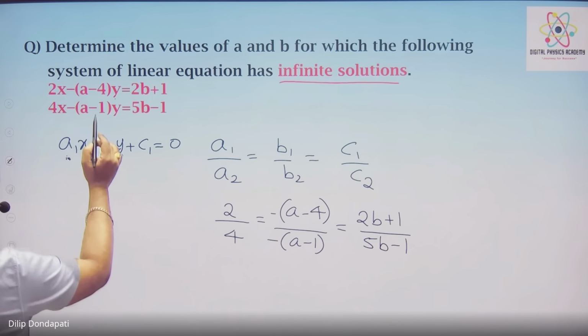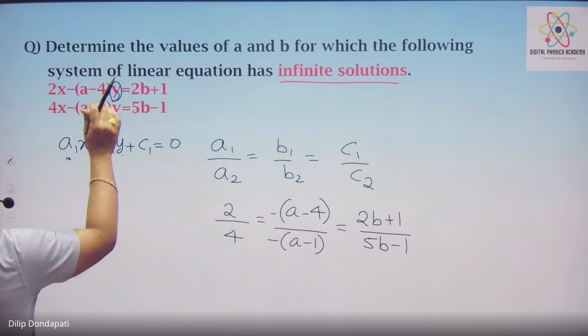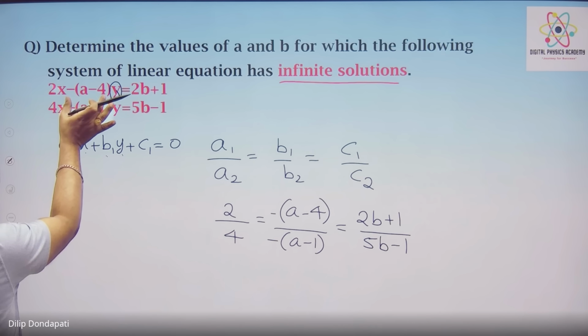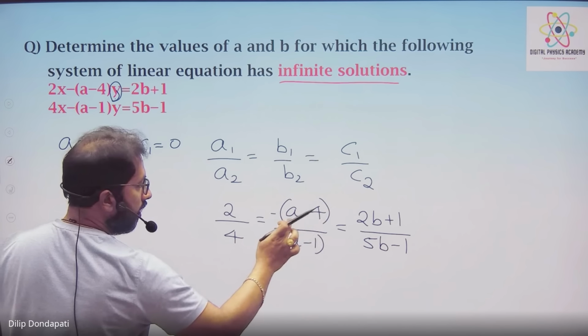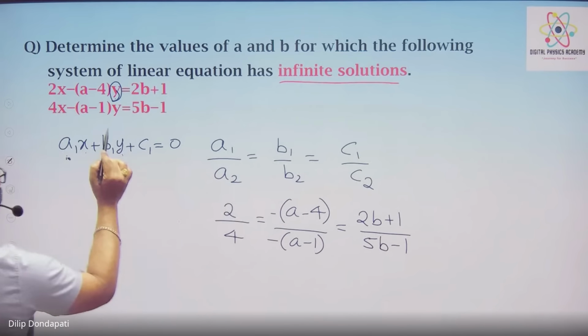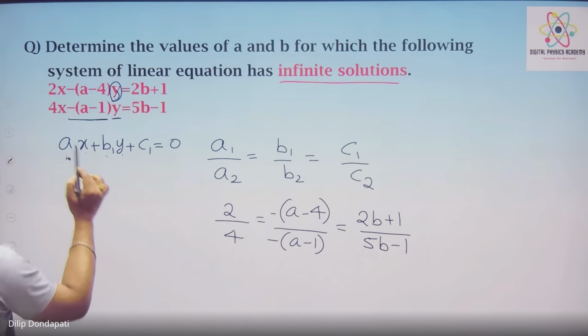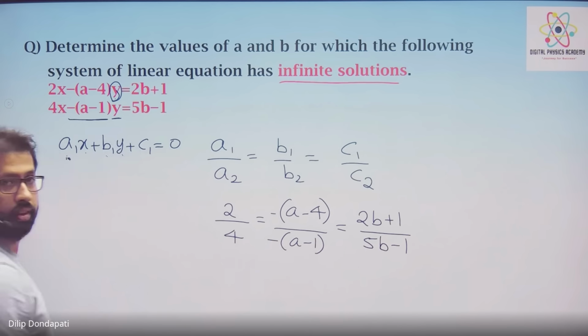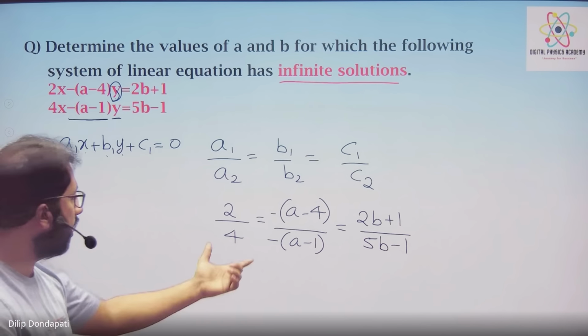See here, what is the coefficient of y? Leaving y, what remains is minus of A minus 4. That's why I wrote minus of A minus 4 as B1. B2 is the coefficient of y, minus of A minus 1. So compare with the general equations. Now equate these two, cross multiply.